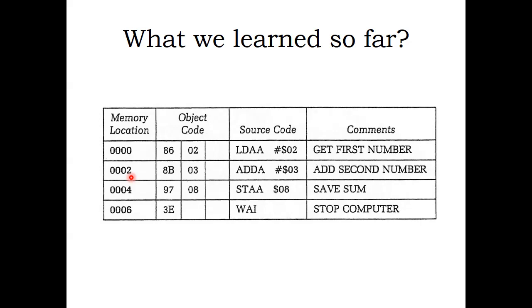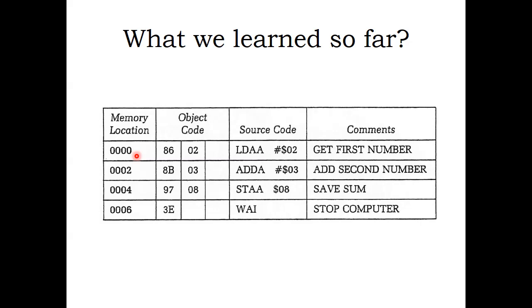Then the address of 03 is 0003, I'm just going in sequence. The next byte, 97, is 0004, this is 0005, and this is 0006. That's how I got the addresses of each line, meaning the addresses of the first byte of each line.